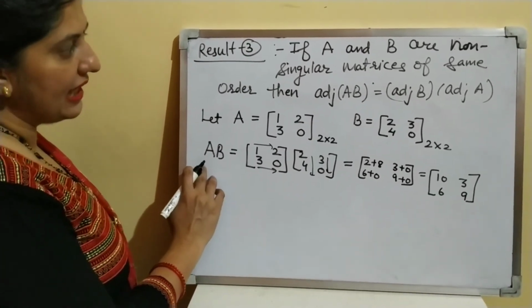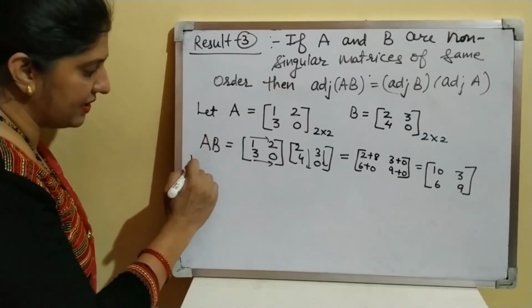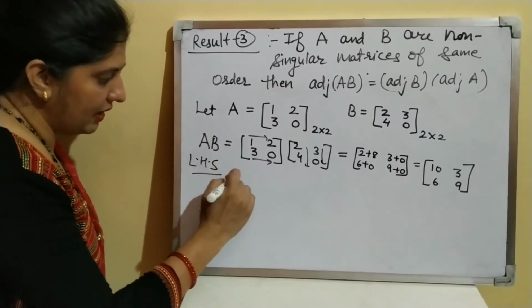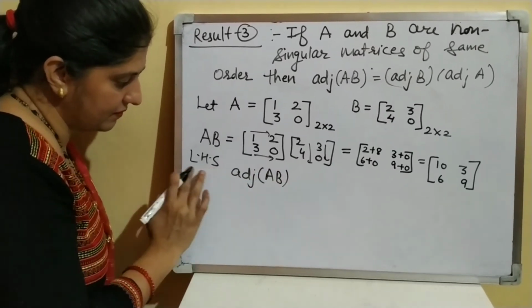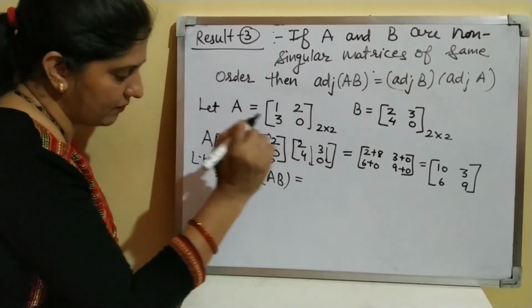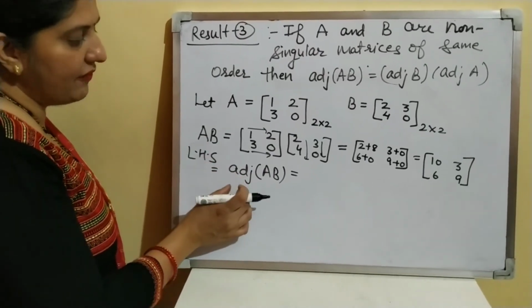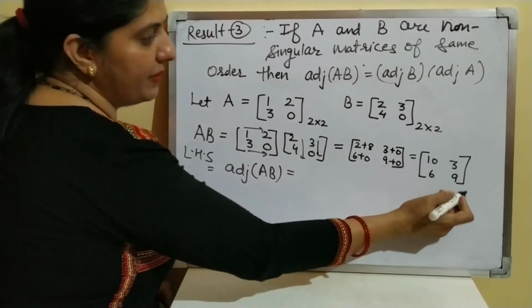Now we have to calculate the left hand side, the adjoint of the matrix AB.